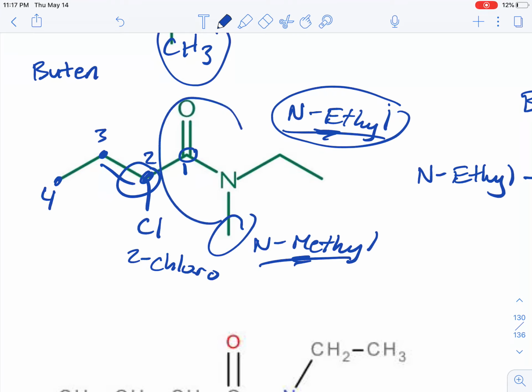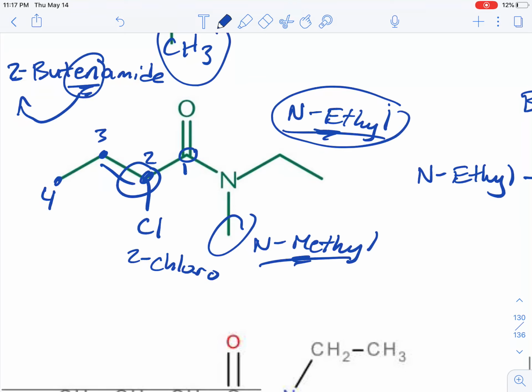And then since I have an amide, I'm going to go ahead and put in amide. And so I need to communicate to the reader where the double bond is, not so much where the amide is, because I always know that's carbon number 1. And so I'm going to put 2-butenamide to indicate to the reader that the double bond is on carbon number 2. And I already know that the carbonyl carbon of the amide is always carbon number 1, so that doesn't matter.